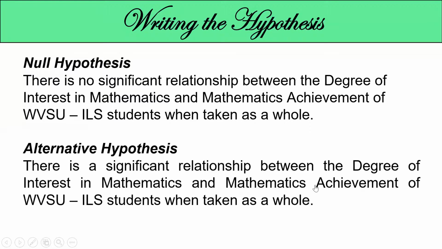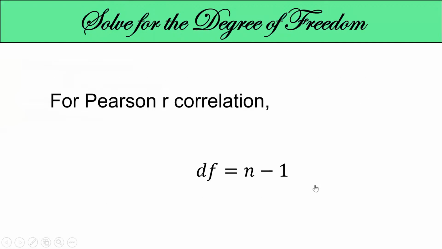And for the alternative, there is a significant relationship. We don't need to dig in too much because this is very easy. To solve for the degree of freedom for Pearson r correlation, the degree of freedom is, of course, n minus 1. So 50 minus 1 is 49. That's our df for this study.